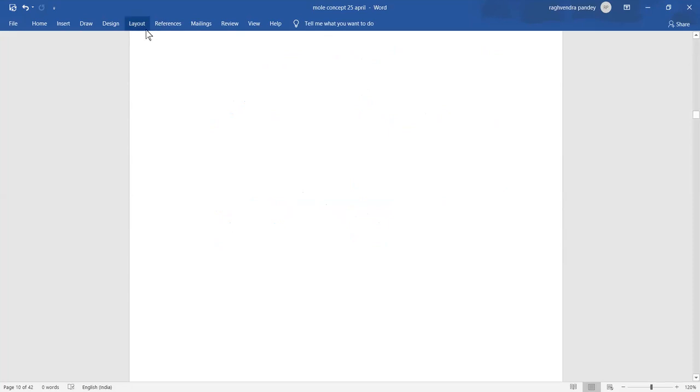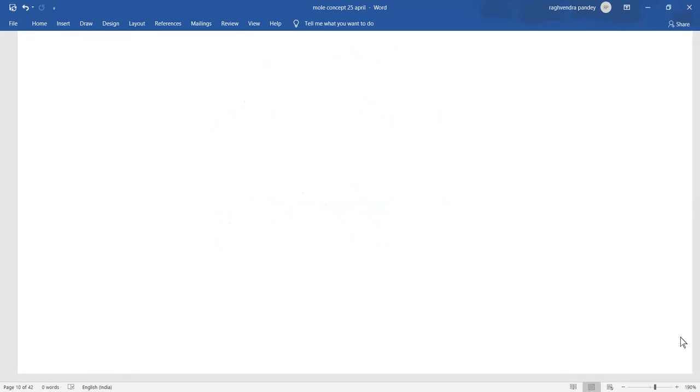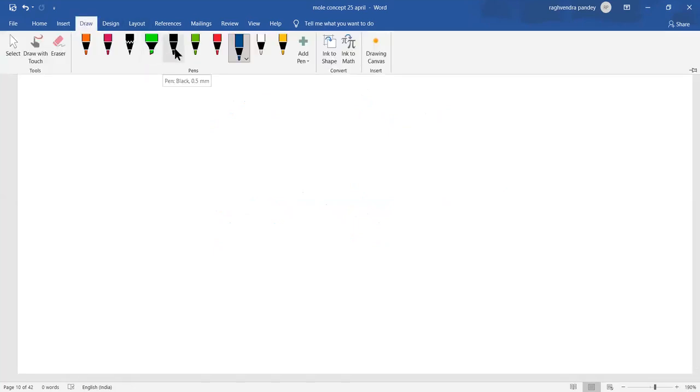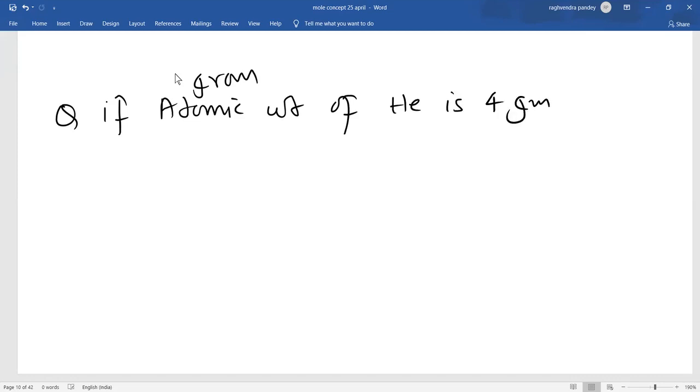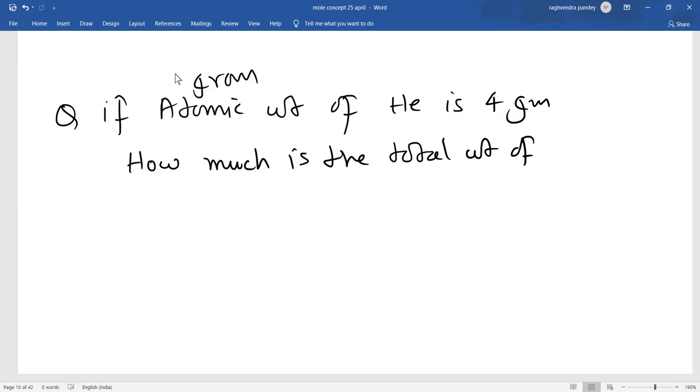So let's take another question. If the gram atomic weight of helium is 4 grams, what is the total weight of 2 into 10 to the power 5 helium atoms?